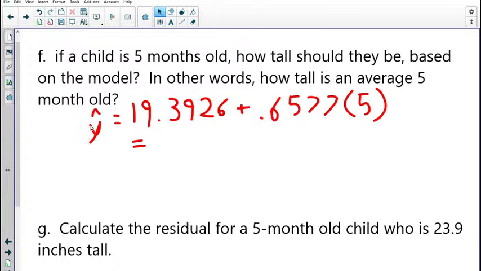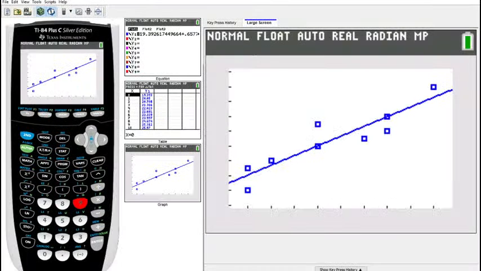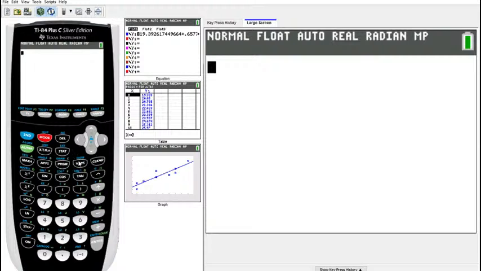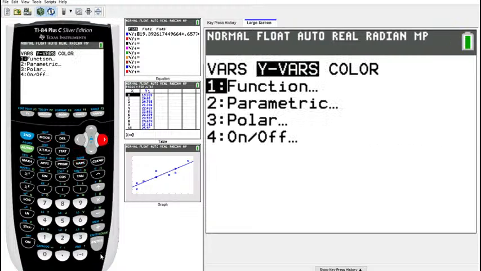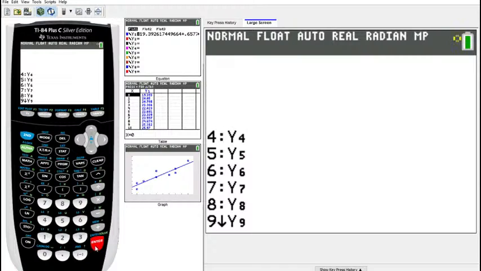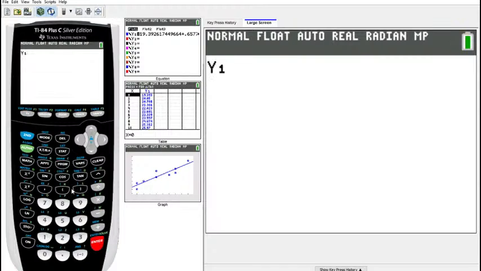Again, we're going to take advantage of our function notation. Instead of putting all these decimals into the calculator, here's another use of this y1 key. So we're going to go to vars, over to y-vars, function, y1. And just like you would do for saying the function notation, you would say f of 5.